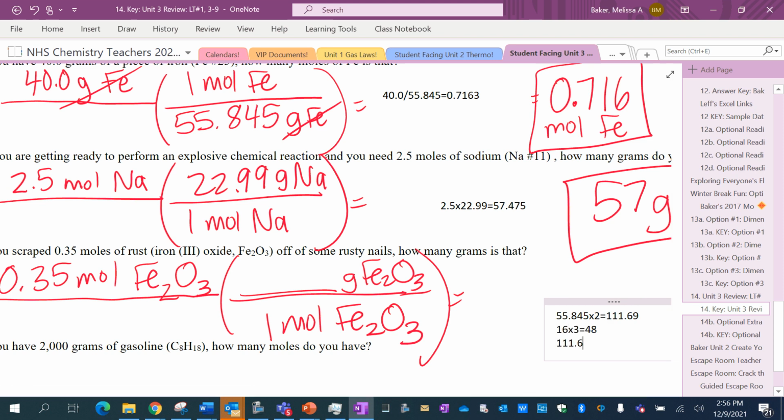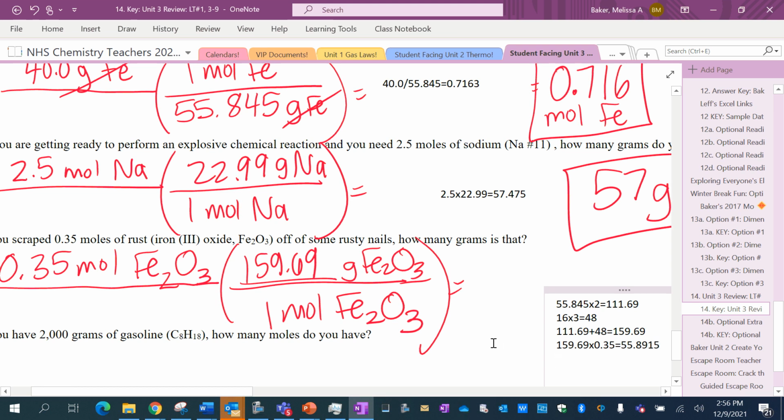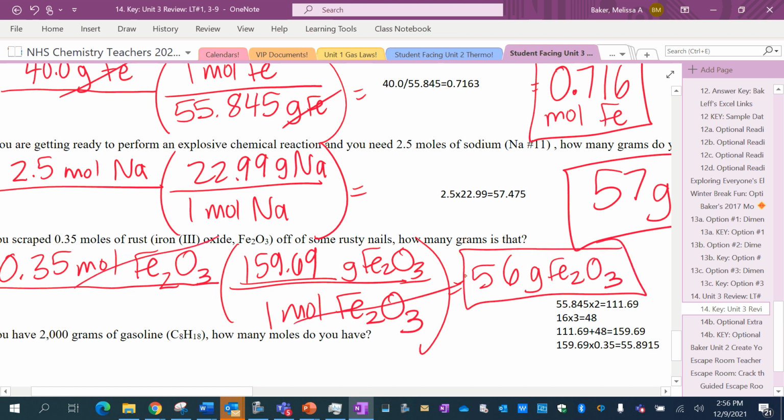So that's 111.69 plus 48. That's a total mass of 159.69. Multiply everything on the top divided by everything on the bottom. Two significant digits, that rounds to 56 grams of Fe2O3. Moles of that cancel out. Forgot to do that on my last one.